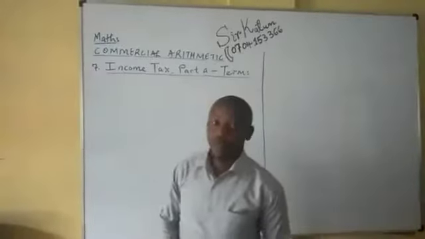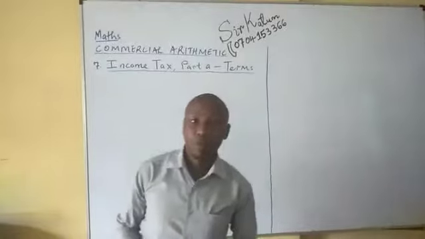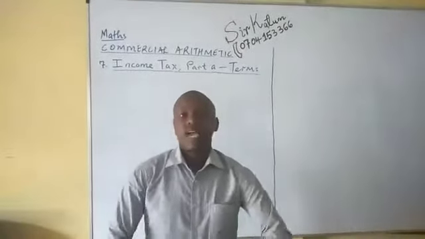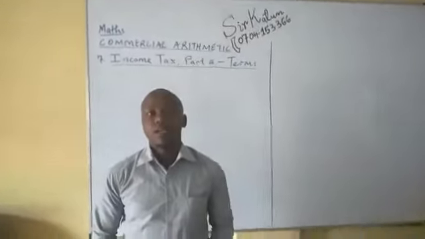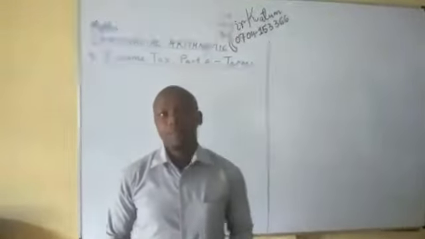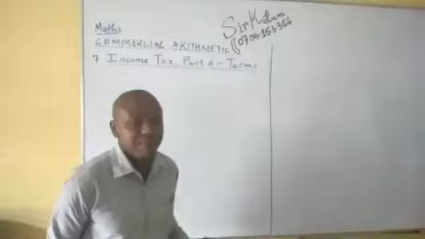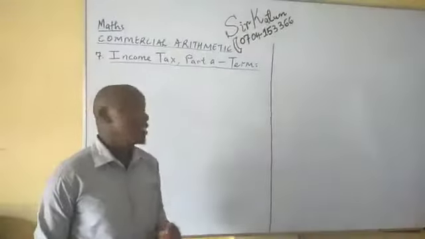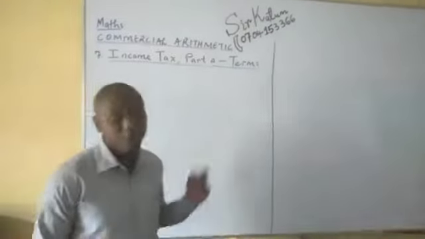I'm inviting you to the last subtopic of the unit called Commercial Arithmetic, and the subtopic is income tax. I'll start the first part of it by defining some terms which are used under the subtopic.